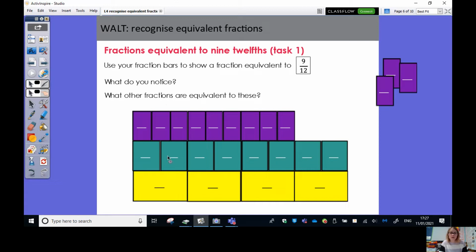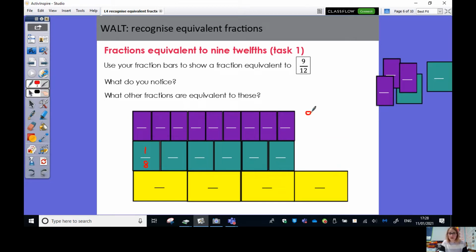So you should have found 1, 2, 3, 4, 5, 6, 7, 8. So I know this is eighths underneath. And in line with my 9 twelfths is 1, 2, 3, 4, 5, 6 eighths.